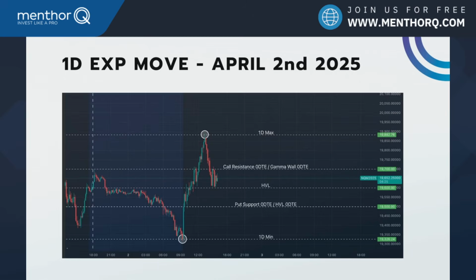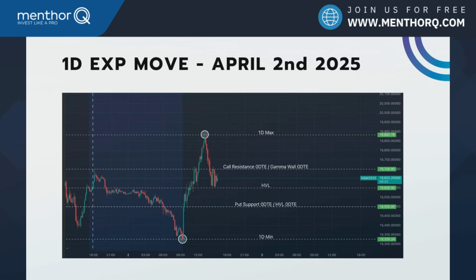When we look at some trade examples, here we are looking at, I believe, NQ. This was April 2nd, 2025. The market opened lower. We touched our one-day min, and we reversed. How could you play this data? You could have jumped in the trade at the one-day minimum and used the one-day max as your take profit target.